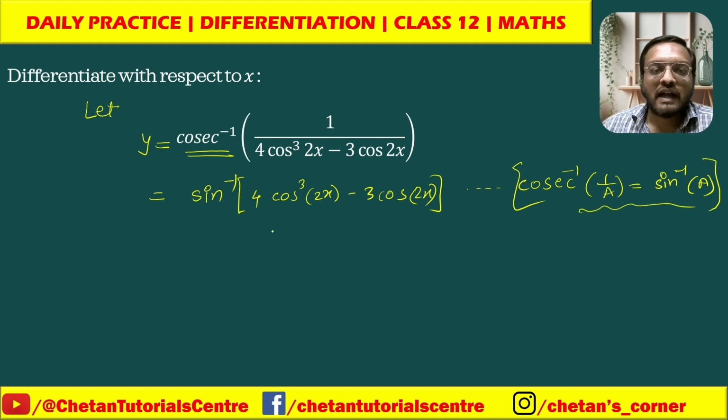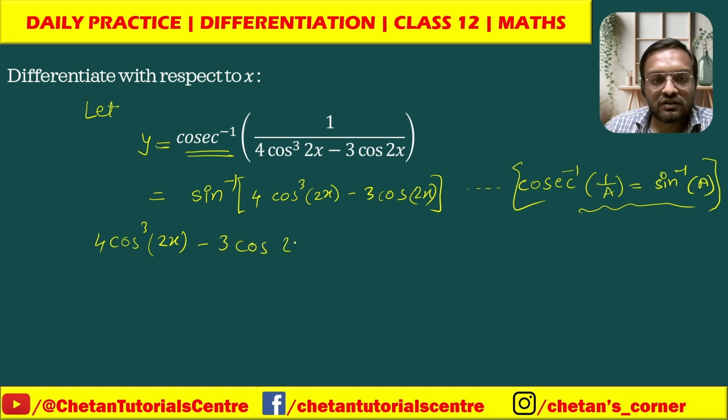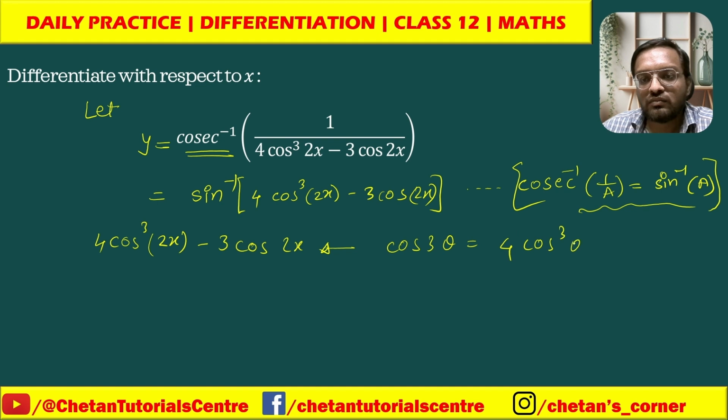Now as you can see here, we have 4 cos cube 2x minus 3 cos 2x. I will use the formula cos 3 theta is equal to 4 cos cube theta minus 3 cos theta.